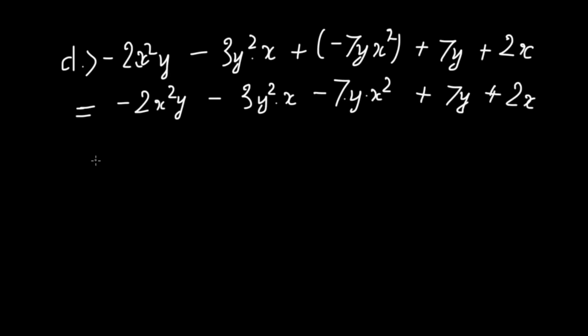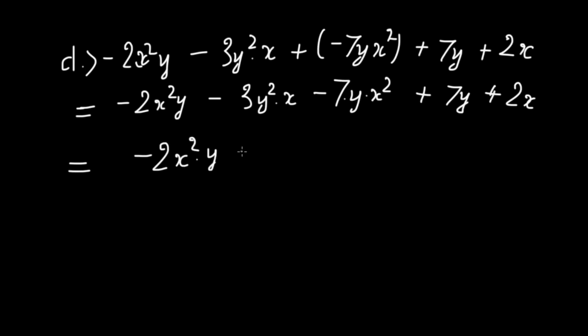Now, what we are going to do next is see which ones are the like terms. You can see that this one is x squared y, and this is y squared x. So these are not like terms, but this one is yx squared right here. So negative 2 times x squared times y and negative 7yx squared are like terms, so you can group them together.